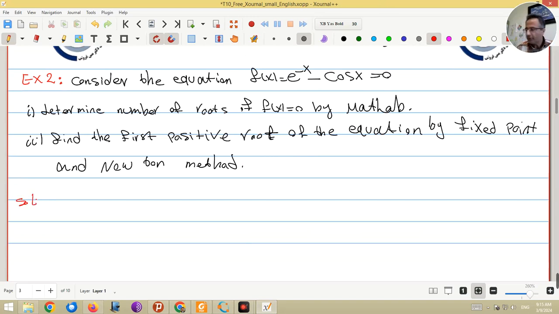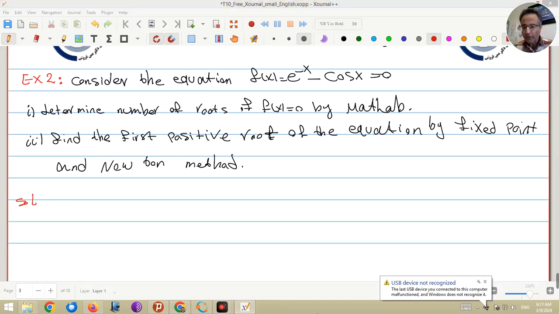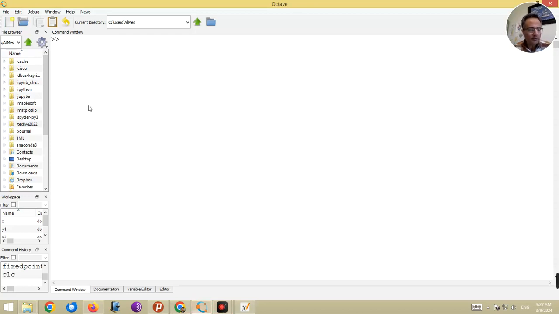The first part. Okay, first of all, let me find the number of roots by MATLAB. To this end, you have to run your MATLAB program or Octave. There is no difference, almost they are the same.